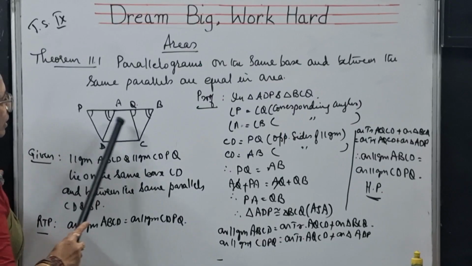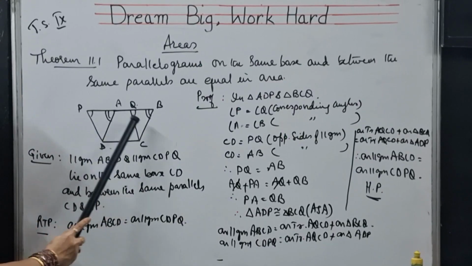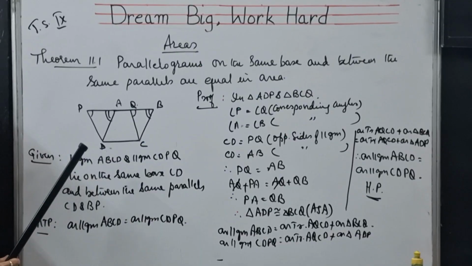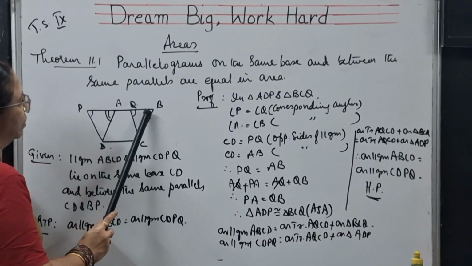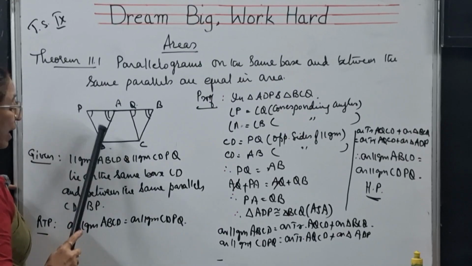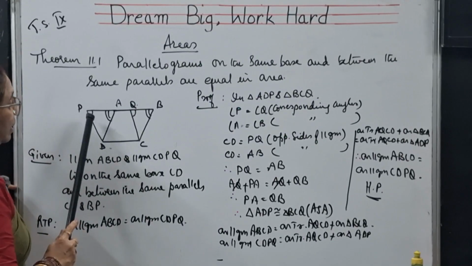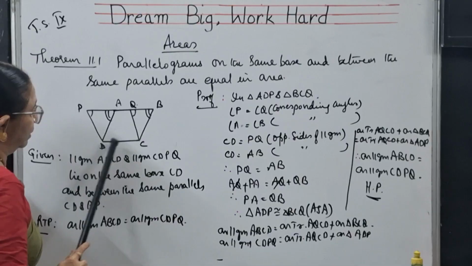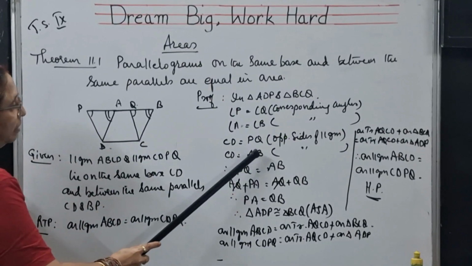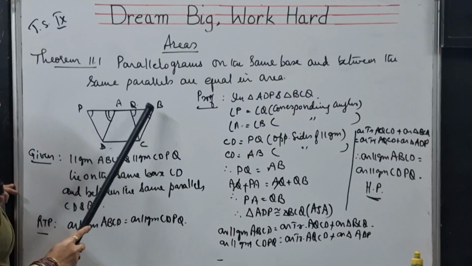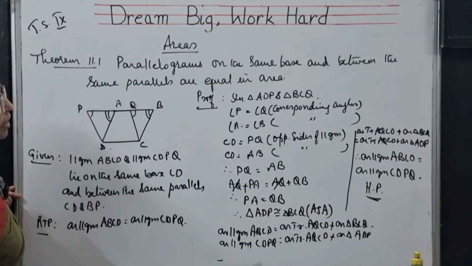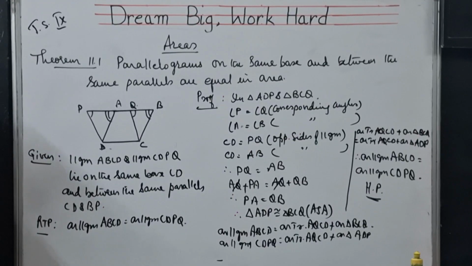Now first we will take these two triangles. In these two triangles, angle P is equal to angle Q, they are corresponding angles. Angle A is equal to angle B, they are also corresponding angles. CD is equal to AB because they are opposite sides of parallelogram. Also CD is equal to PQ, they are also opposite sides of parallelogram.